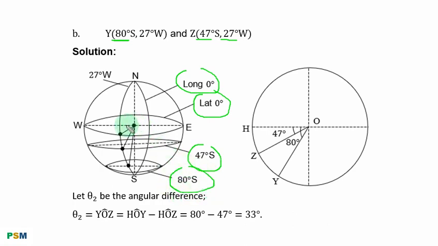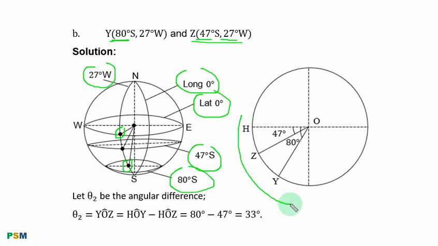From the center to this point, you have latitude 0 degrees, longitude 27 degrees. From the center to this point, you have the information about Z. From the center to this point, you have the information about Y, represented in this form.